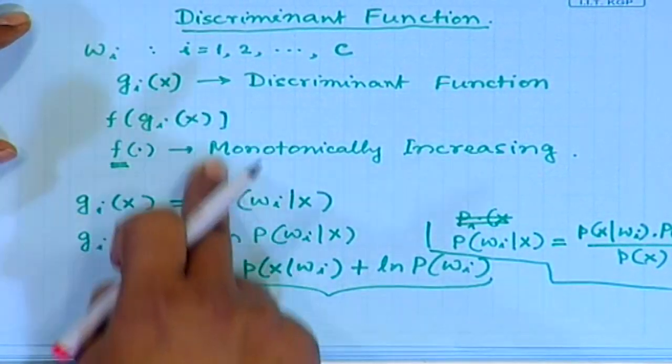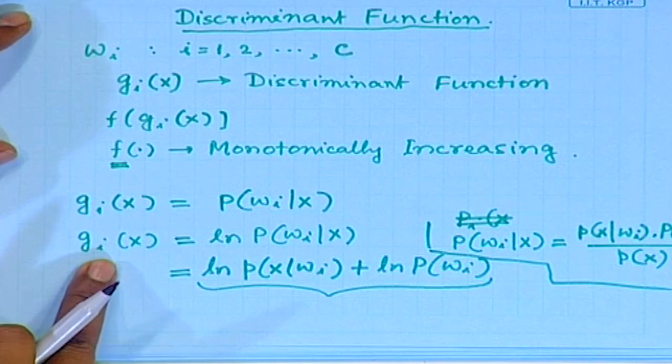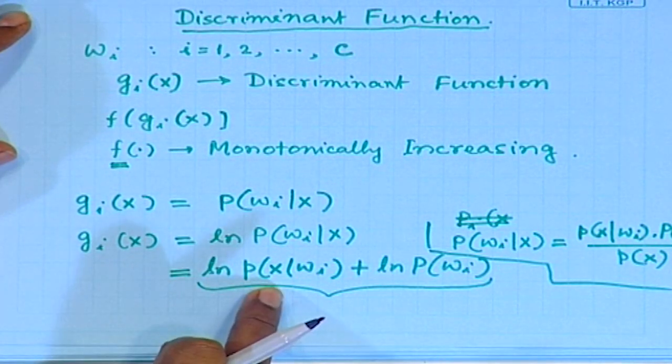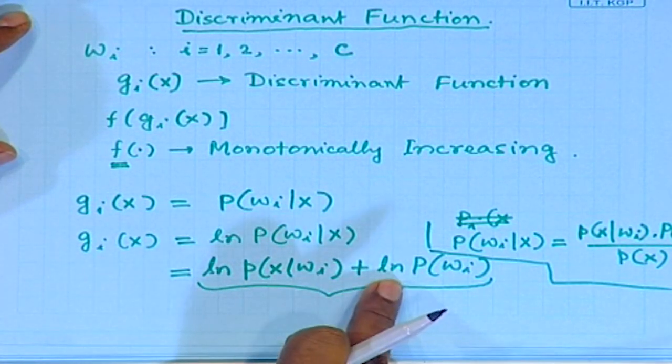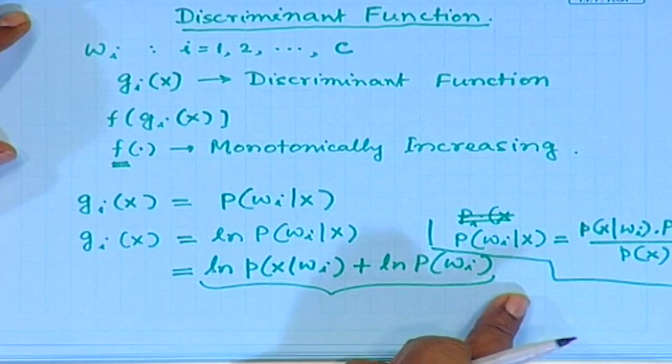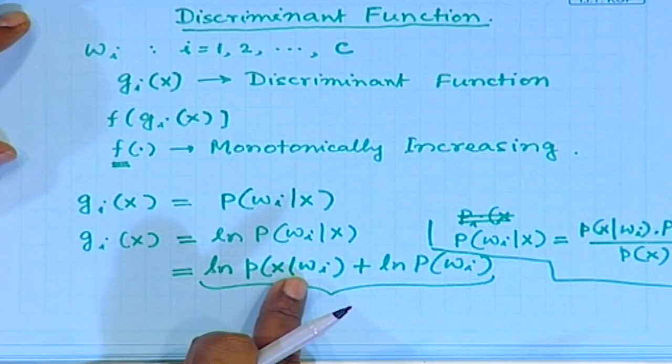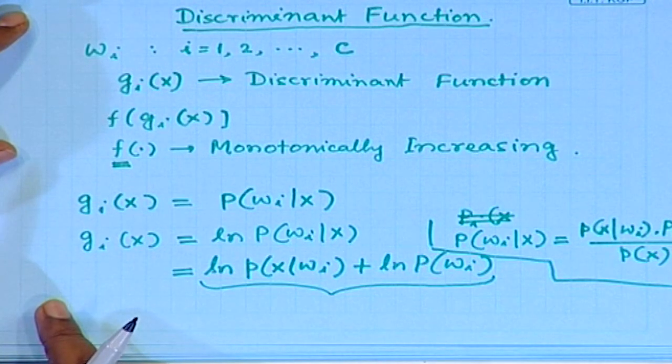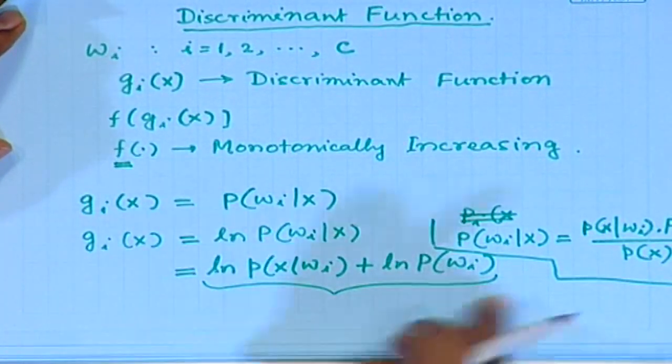We started with that because our g_i(x) was ln p of x given omega i plus ln p of omega i, the conditional density function.